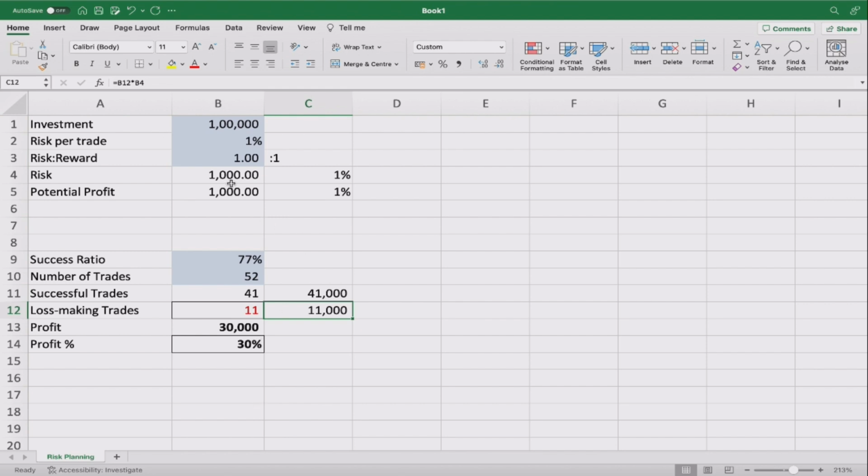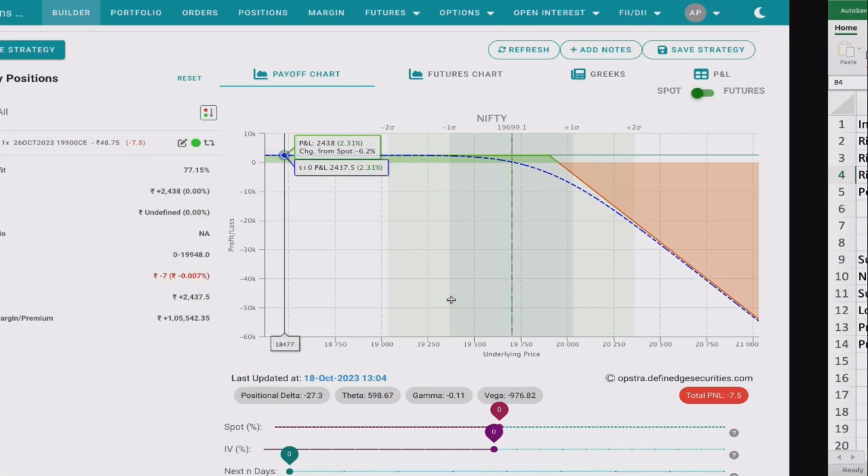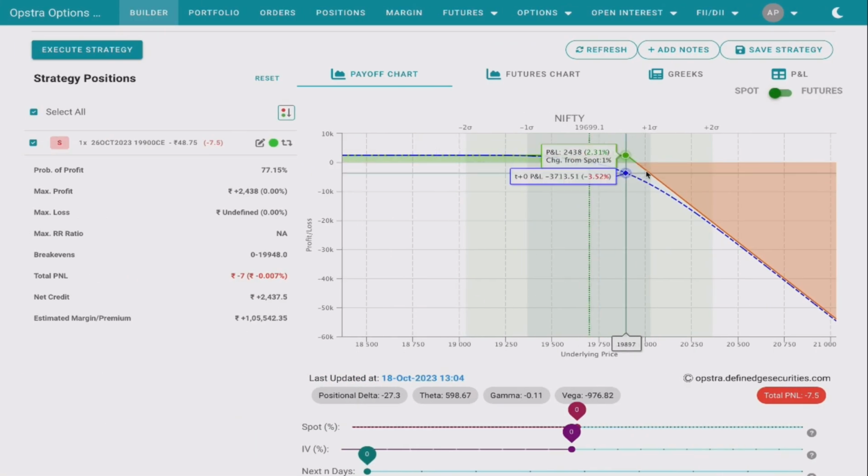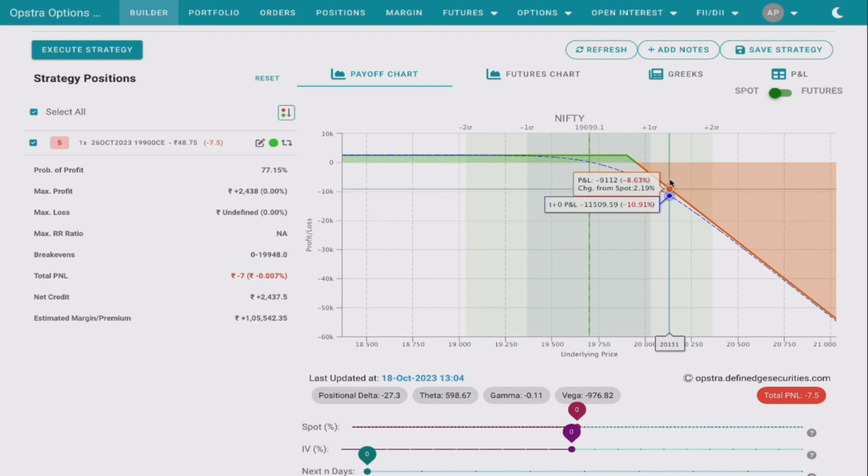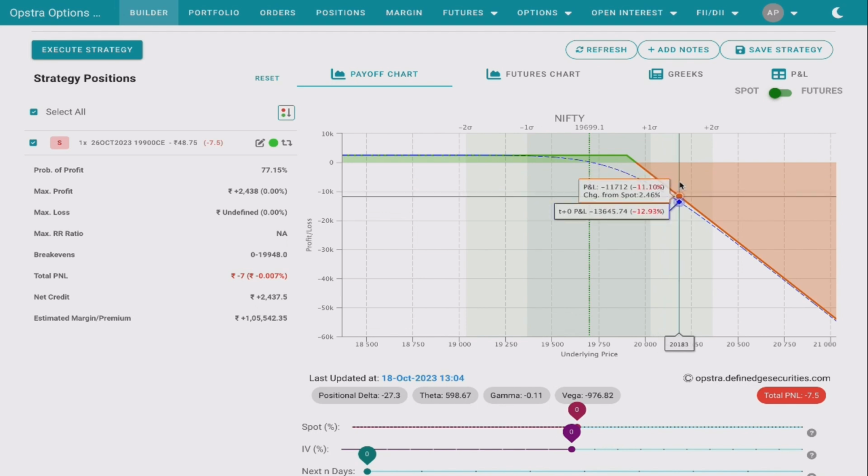However, and here's the problem with the short call strategy, this risk can go as high as 10,000 rupees, or even 40,000 rupees, and can wipe out this entire profit. For example, if the market was to simply move over here to, let's say, 20,183, a movement of about 400 points in about 2 weeks, then this strategy is going to make a loss of 11,712 rupees.